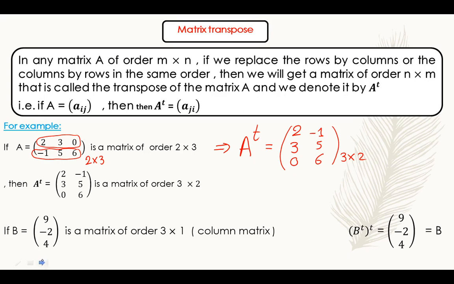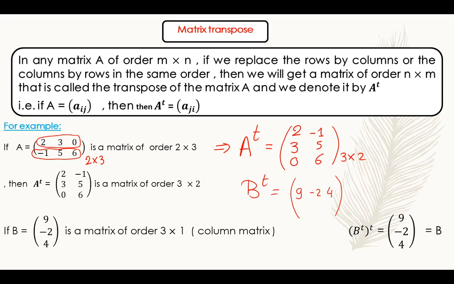If we want to find B transpose, let's do it together. Here, B transpose will be equal to... this is a column matrix. We will replace rows by columns, so we will write it as 9, negative 2, and 4.